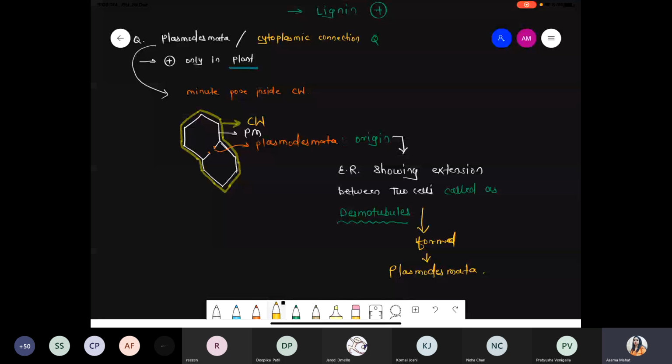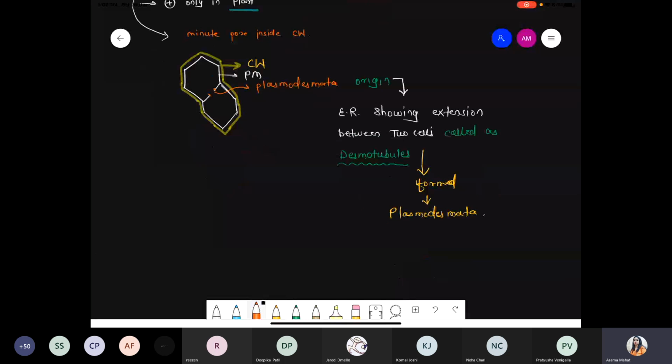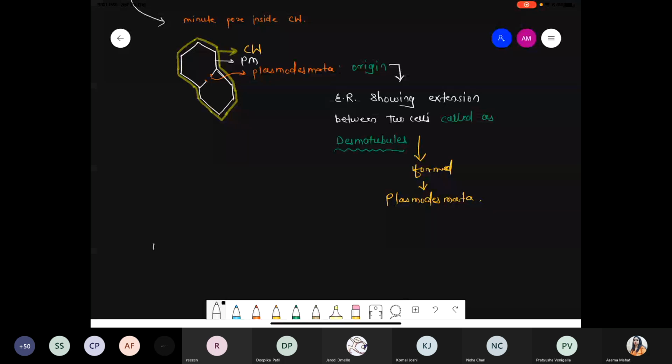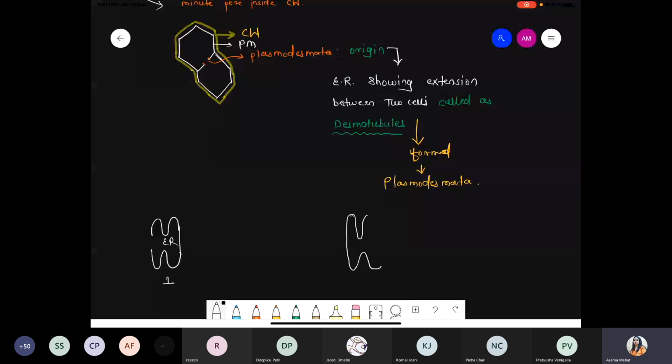They show extension. You know very well that the endoplasmic reticulum has a long, elongated structure, like this. Suppose these are the endoplasmic reticulum of cell 1, and these are the endoplasmic reticulum of cell 2.